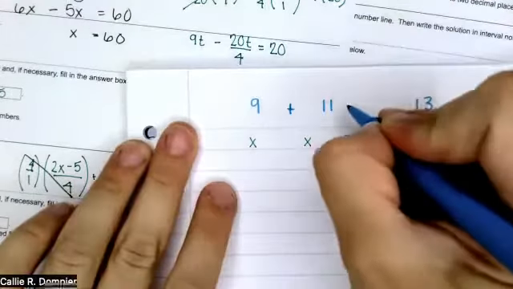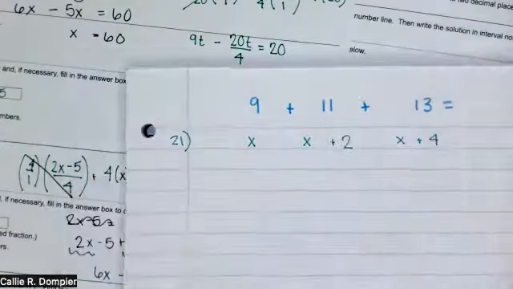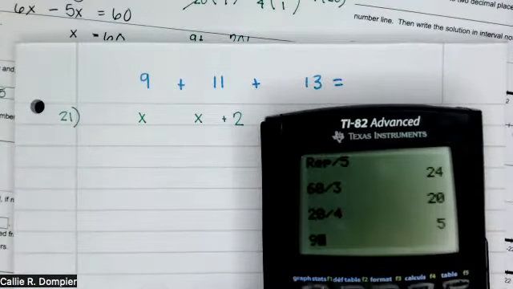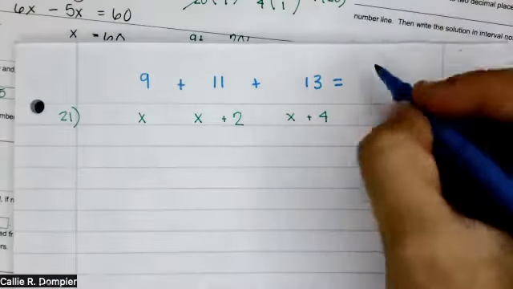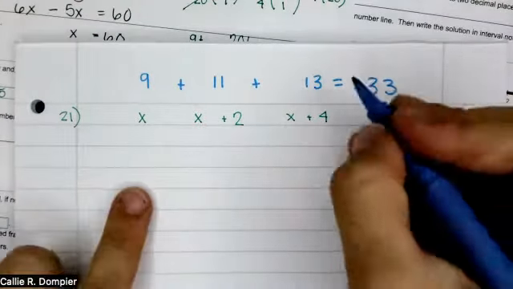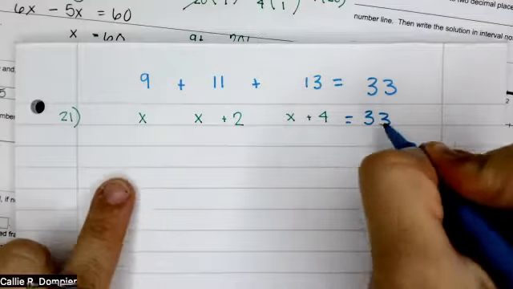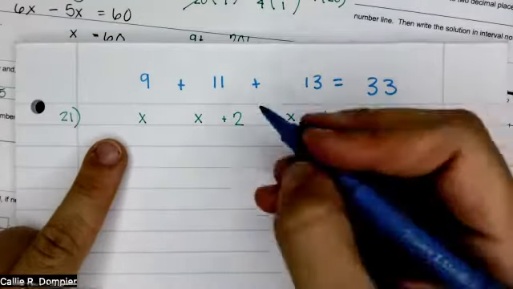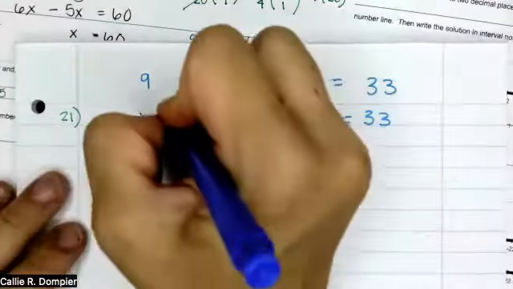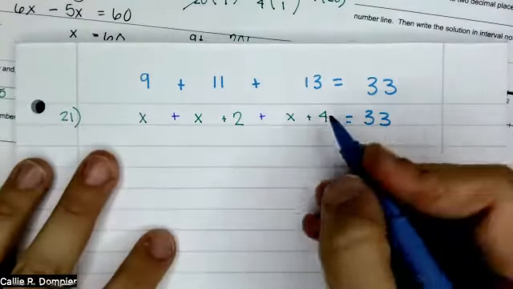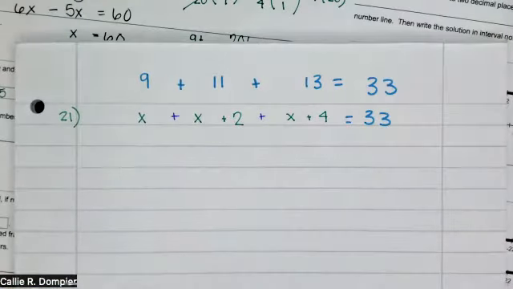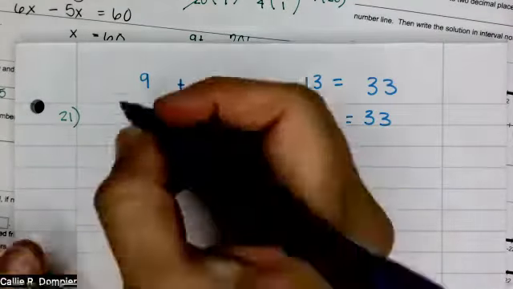If I add these 3 consecutive odd integers, I get 33, right? So I'm just going to make this up. If I sum these, I get 33. Let's solve for them, okay? You're just now combining like terms.